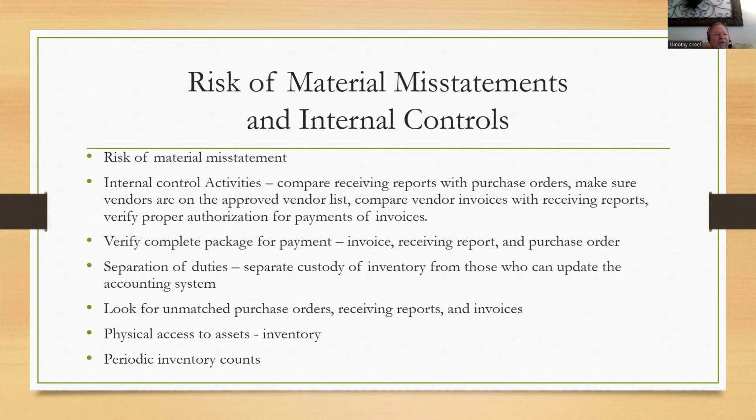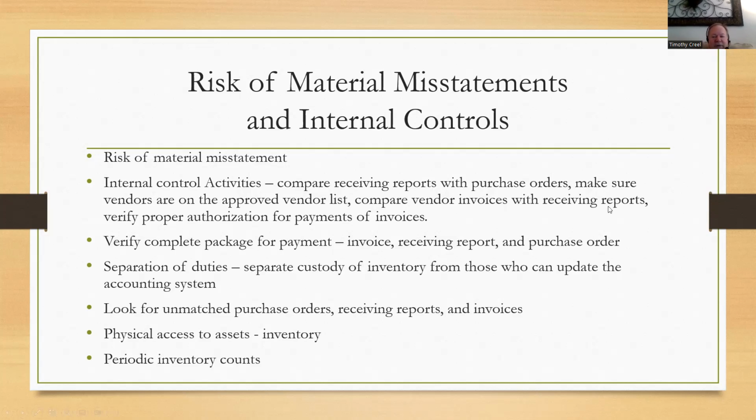A lot of fraud cases have occurred related to that. So a good way that a company can protect itself is the approved vendor list. So you as an auditor are verifying some of these transactions, that they're only doing transactions with vendors on the approved list. And you're also looking at how often they are updating the approved vendor list.